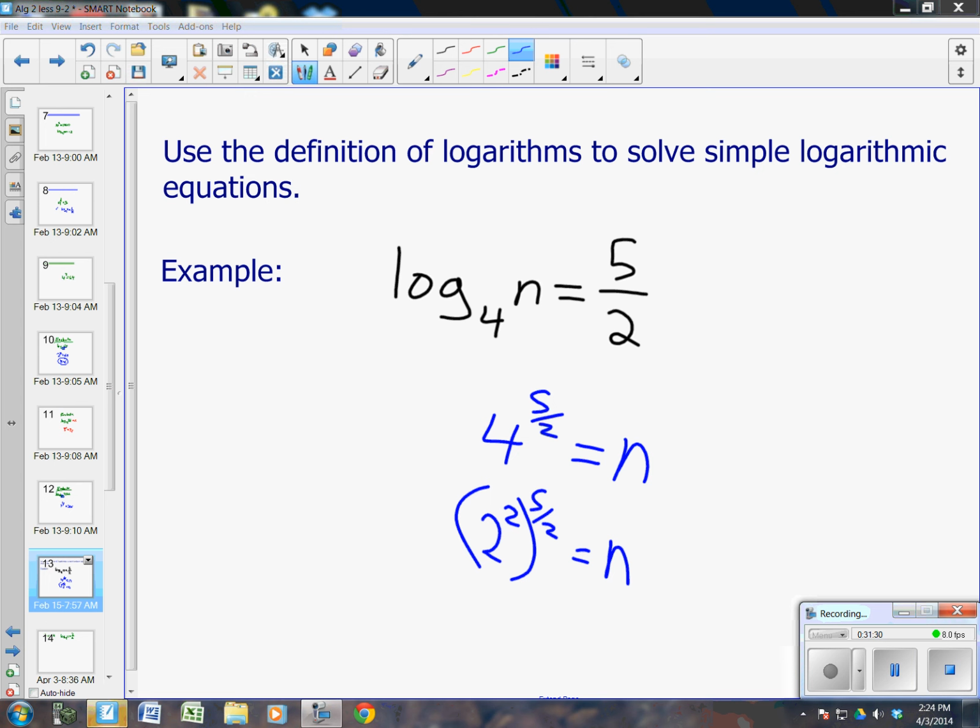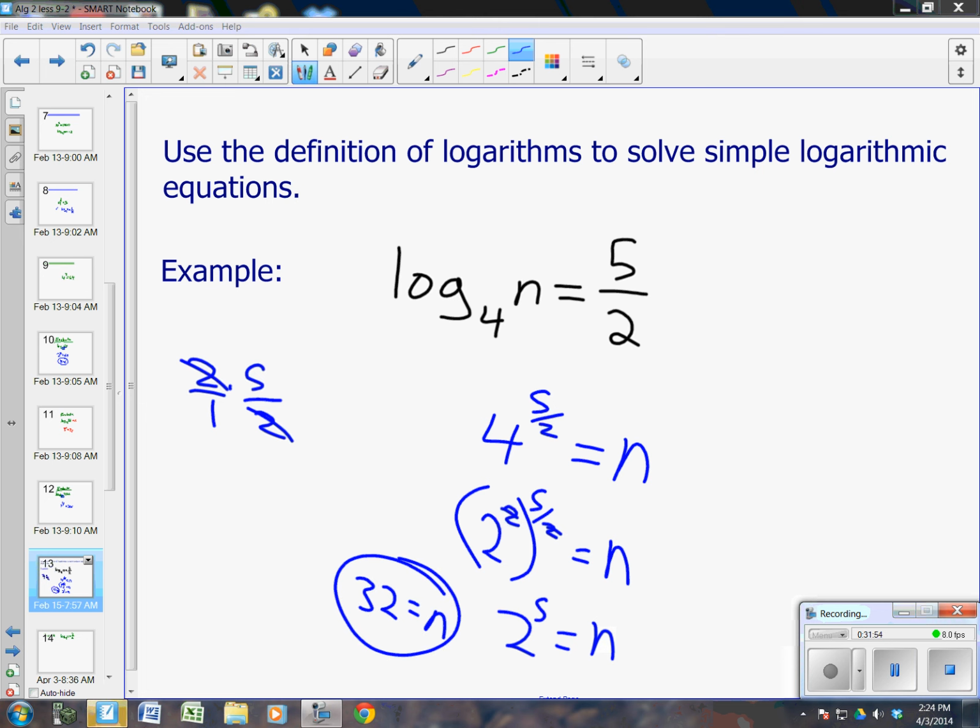And so that gives us 2 squared to the 5/2 power. Now, when you have a power to a power, you multiply. Do you remember that? So we multiply 2 times 5/2. What happens when you multiply 2 times 5/2? You just get 5. So this becomes 2 to the 5th power, because the 2's cancel out, equals n. And 2 to the 5th power is 32, right?